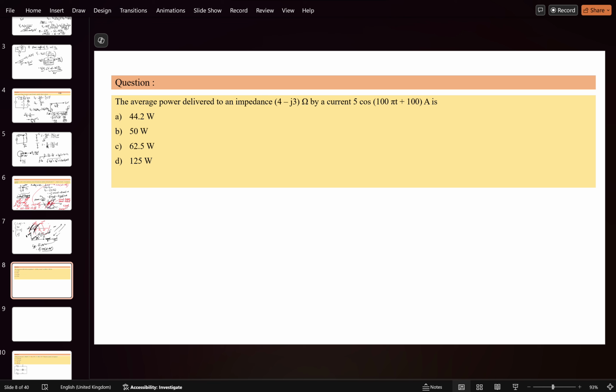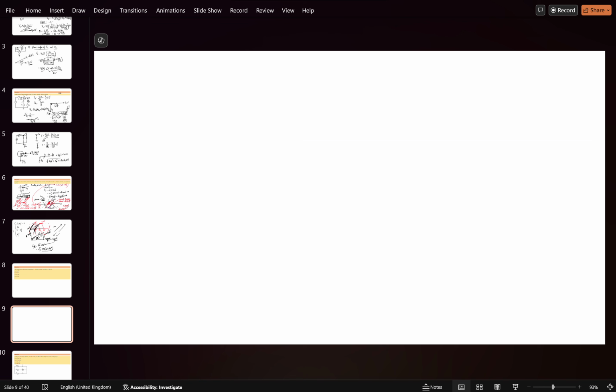Okay, let me give some glimpse before solving this question. Stop solving and listen here. So, what is important in terms of solving this question?